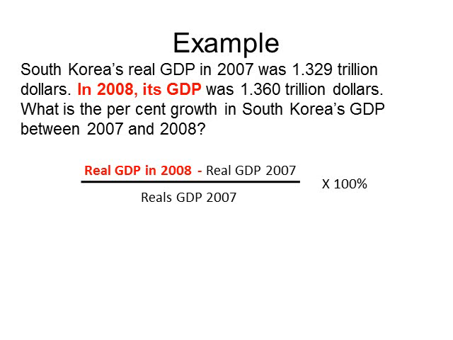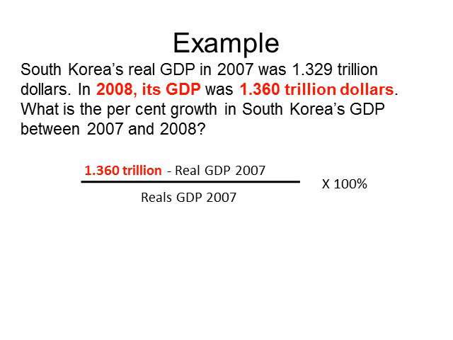Next, let's substitute in the values into the formula. The next step is to substitute a value in for the real GDP for 2008. Since the value of the real GDP in 2008 was $1.360 trillion, $1.360 trillion will be substituted in the formula for the real GDP in 2008.